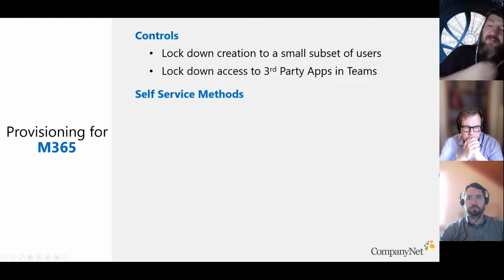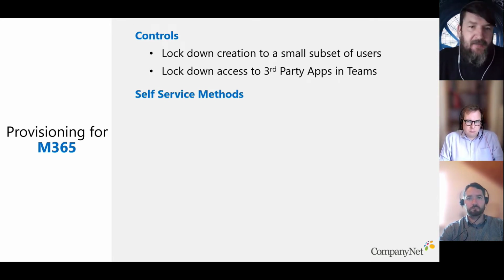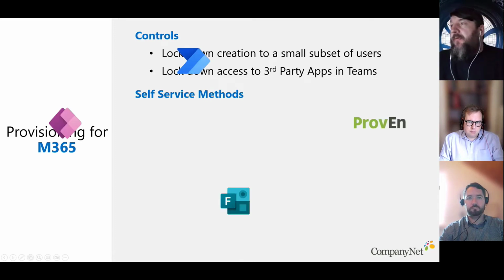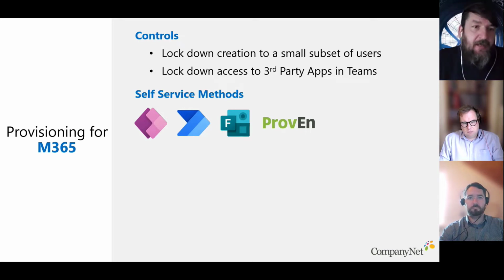And then self-service methods. So we talked a lot about some of the out-of-the-box solutions with M365 that can give you key request capability. And when we talk about that, we really talk about these services here. So Power Apps, you can create a Power App that is our mechanism for gathering information from our user base, or the person that's requesting the team or the SharePoint site.